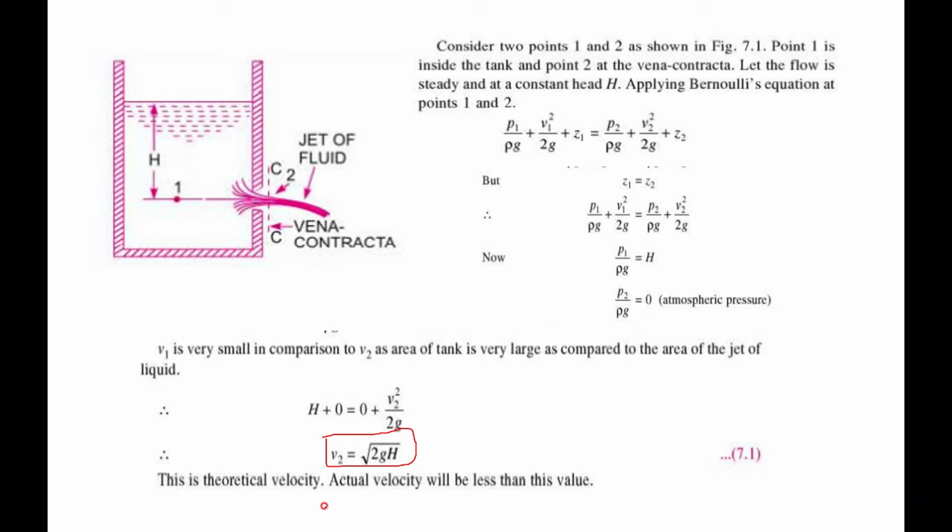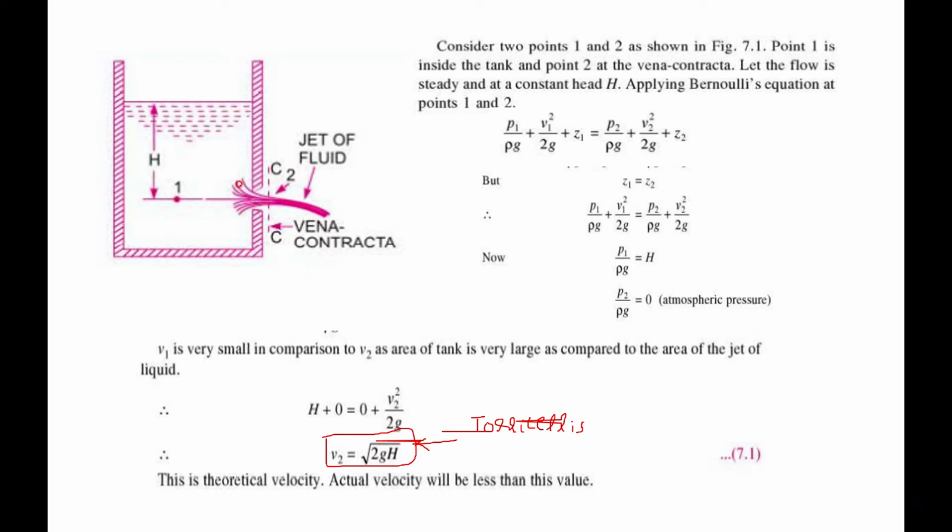This equation can also be called Torricelli's equation. In this analysis, a loss of energy is not being considered. Here the energy loss we have not taken into account.